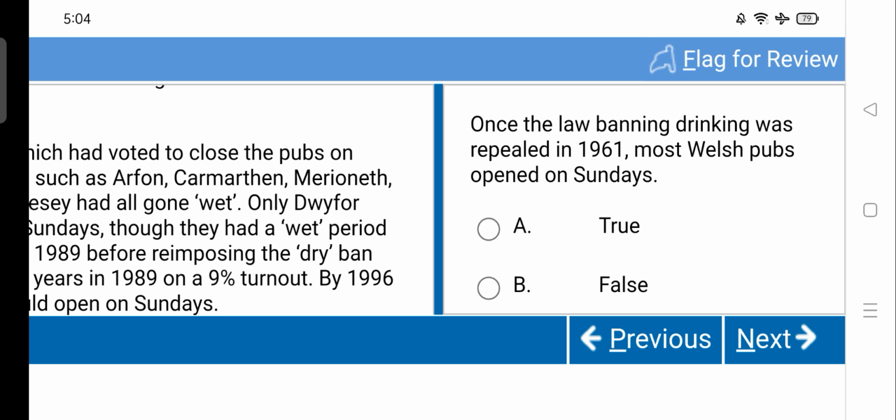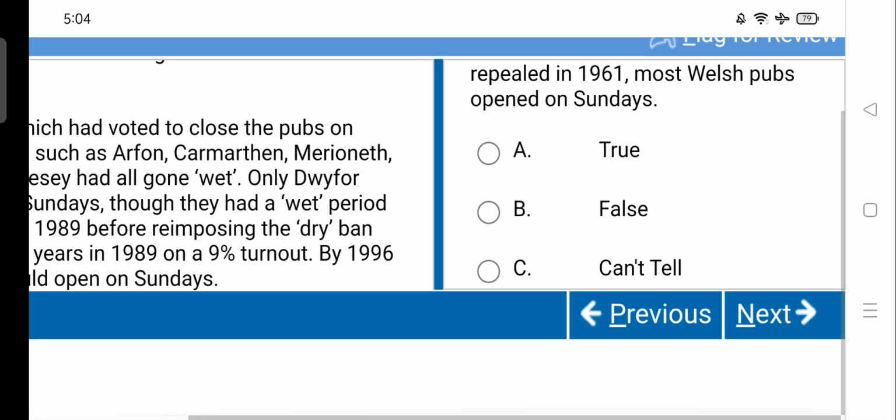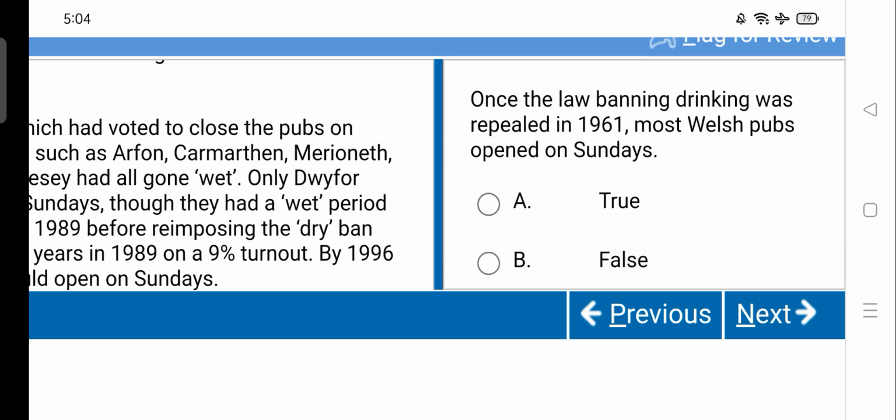Next we have the question and the 3 options A, B and C, which are true, false and can't tell. First you can read the question, then you can find that line or sentence in the paragraph, and decide whether it is true, false or you can't tell.